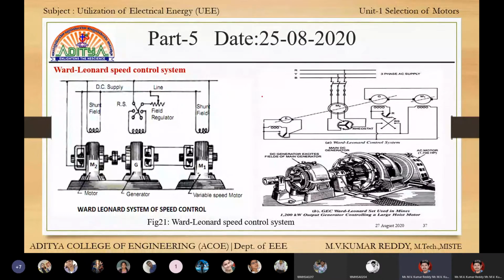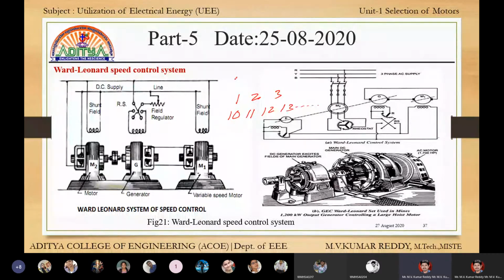What are fine speeds? Fine speeds means small speeds, like 10 rpm, 11 rpm, 12 rpm, 13 rpm, and so on.